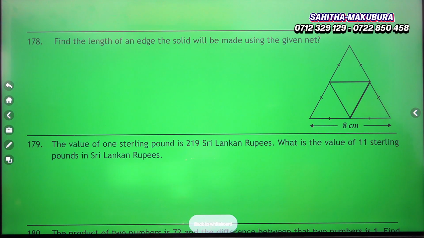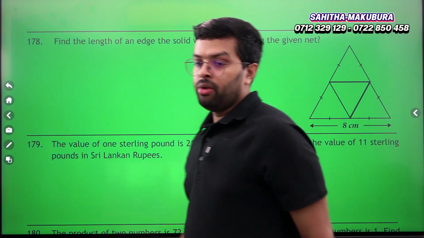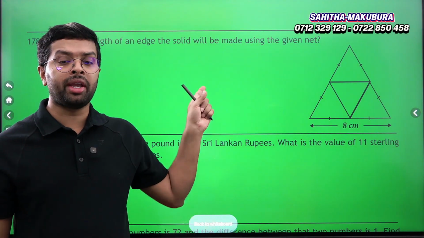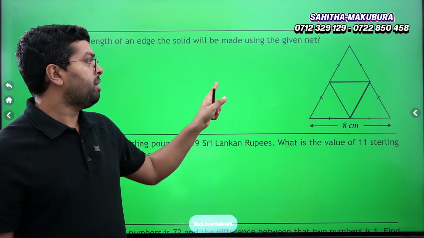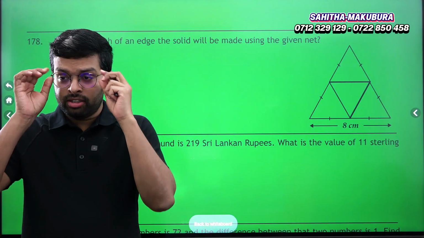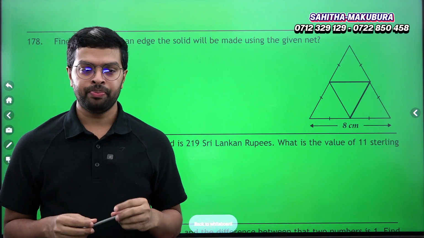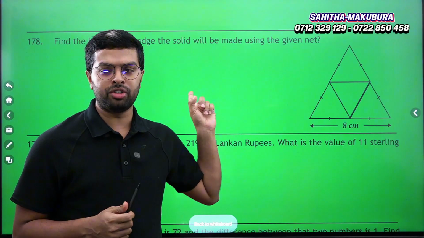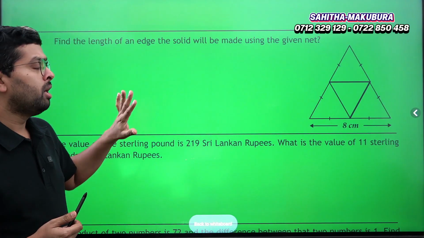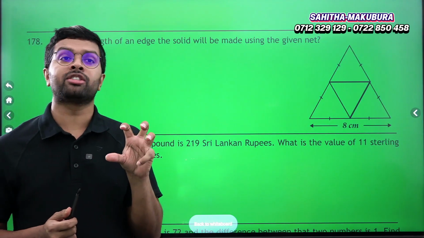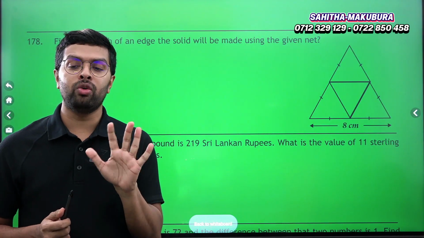Can you remember? We can make a tetrahedron. Can you remember the solid tetrahedron? We can make a tetrahedron using this net. Now when it comes to a tetrahedron, it's a solid with 4 triangular faces.